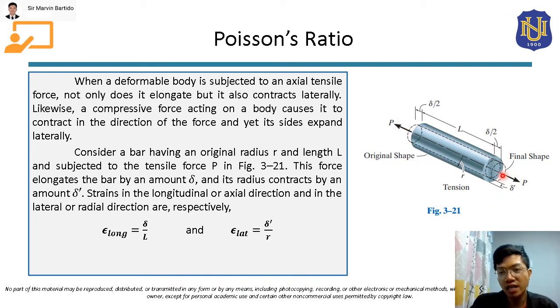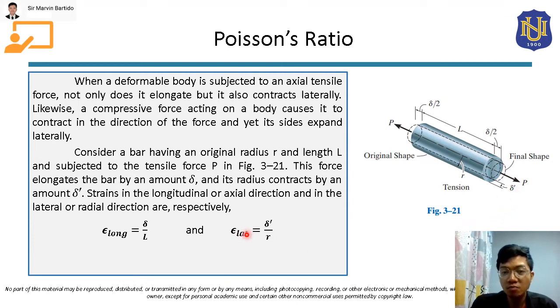Now, for the lateral axis of this bar, the lateral part will be the cross-sectional area. So the strain in the lateral section of this bar will be the strain in the cross-sectional area.